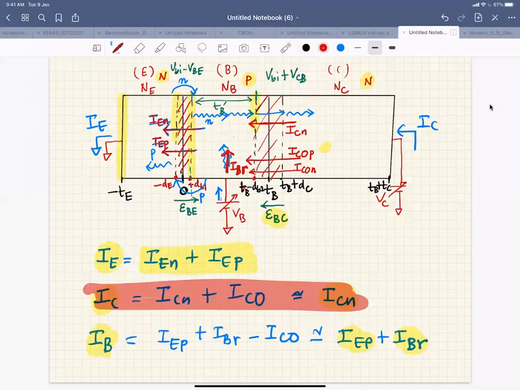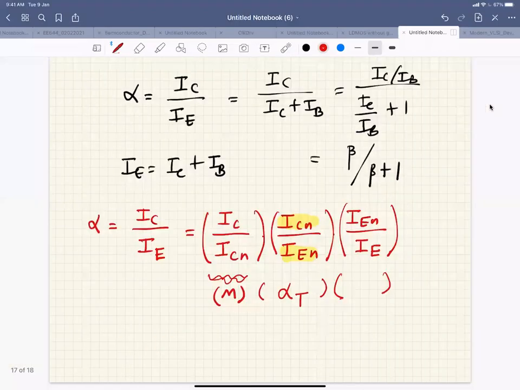IN is the most important component out of the total emitter current. So this ratio tells you the useful component out of the total emitter current, IEN by IE, because I don't care about IP. IP is not contributing anything to the collector. This is called the emitter injection efficiency, that is gamma.